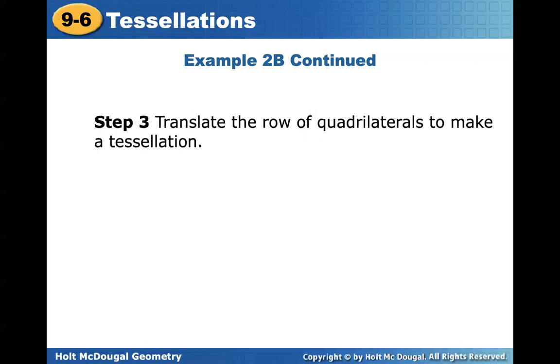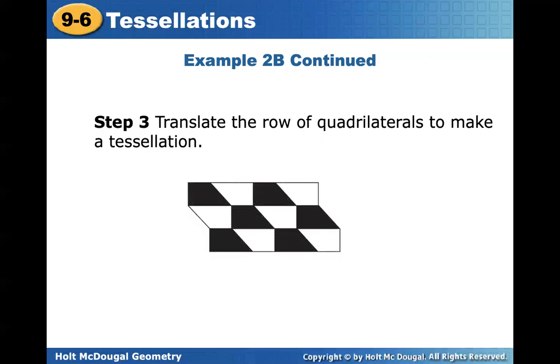Then I'm going to translate a row down and a row over. And another row down there. And again, remember when you get to these corners here, we got to have one vertex from each corner of that quadrilateral.